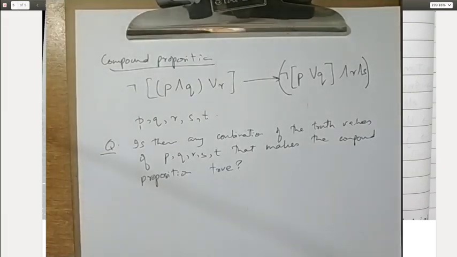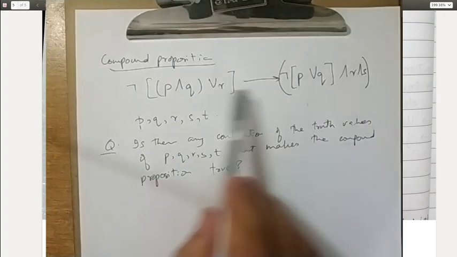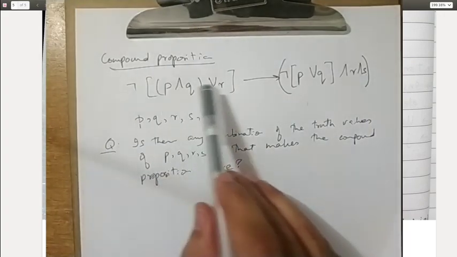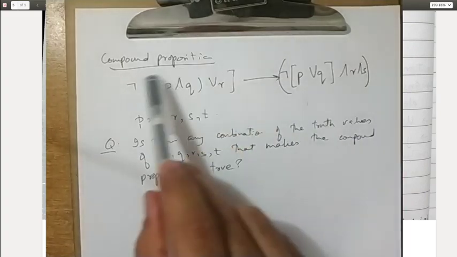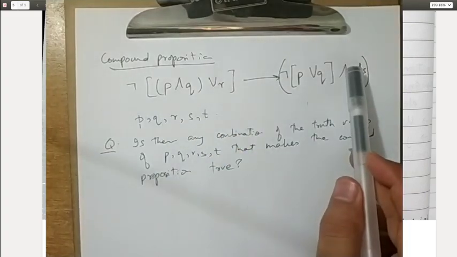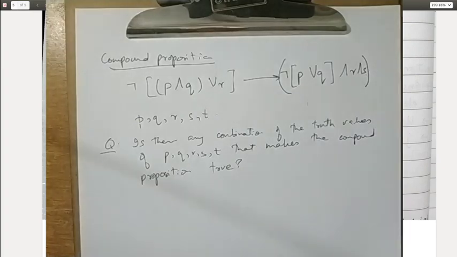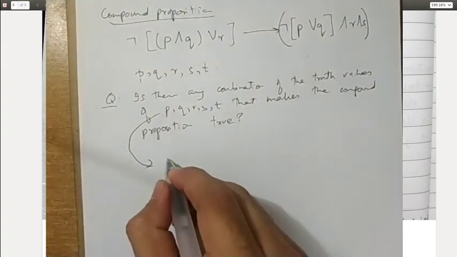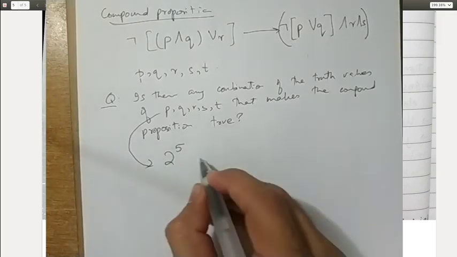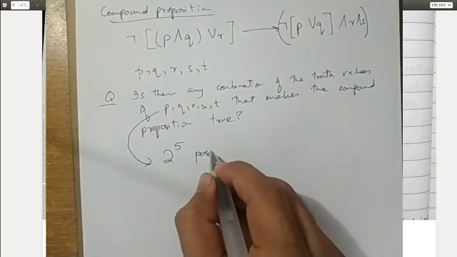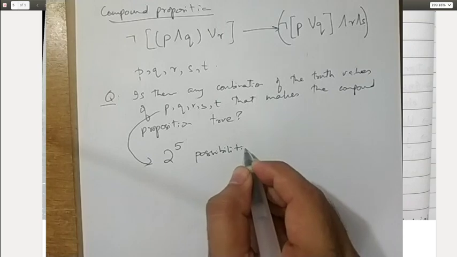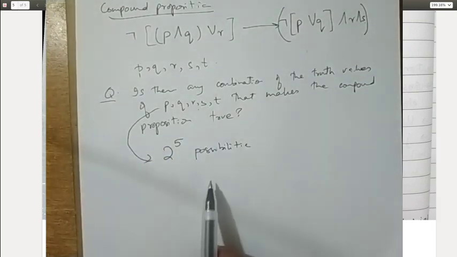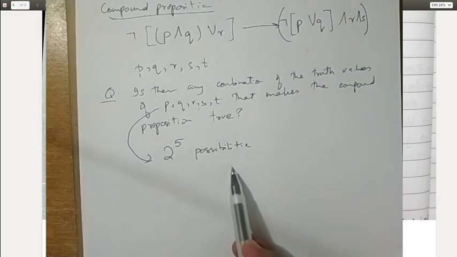So the question is, is there any combination of truth values of P, Q, R, S, T which I can set over here so that this entire proposition is true. Now, obviously, if you have 5, then you know that there are 2 to the 5 possibilities. This can be true and false, this can be true and false, this can be true and false. And so there are 2 to the 5 possibilities.